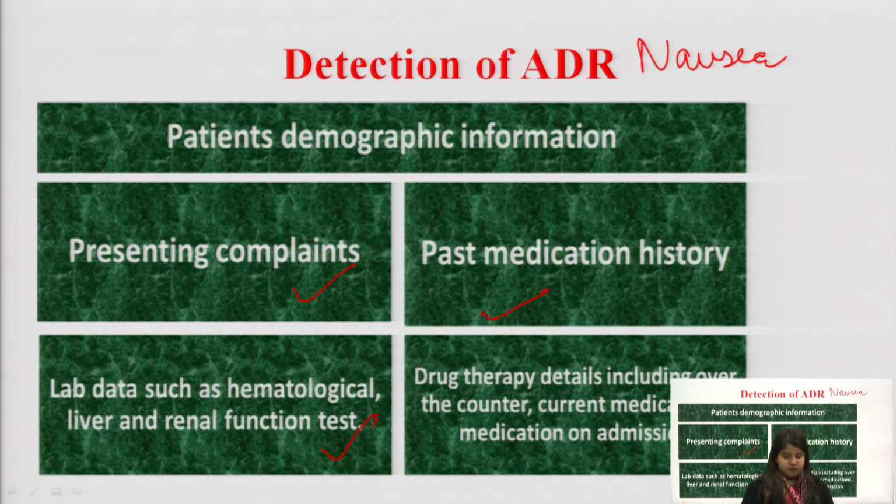Then we have drug therapy details, including over the counter medication, current medication, and the medications that were administered when he was admitted. So we need a detailed list of medication, what the patient is having right now and what the patient has had before.